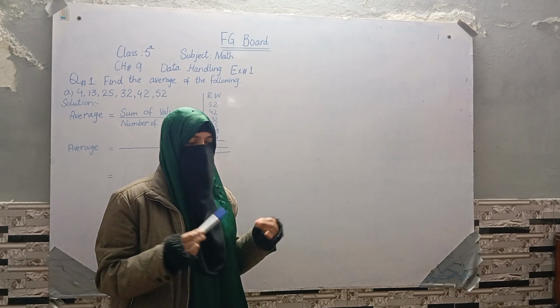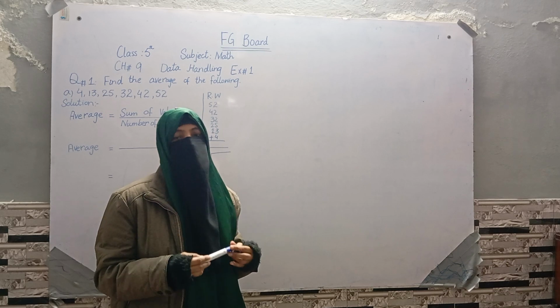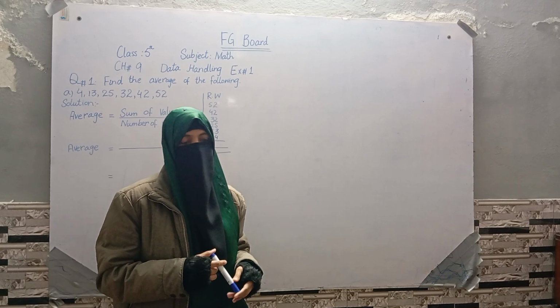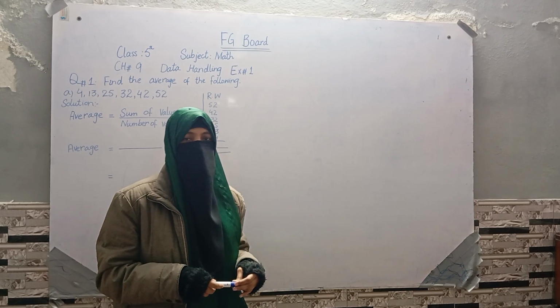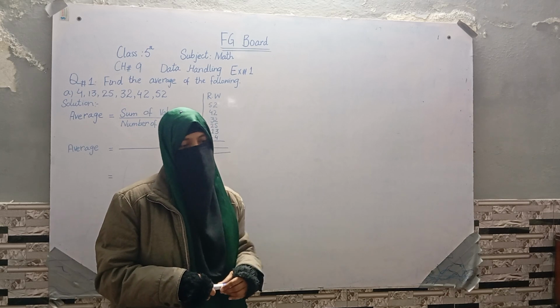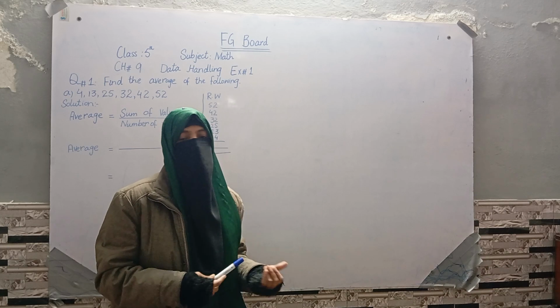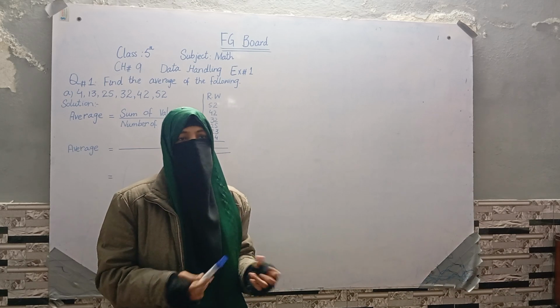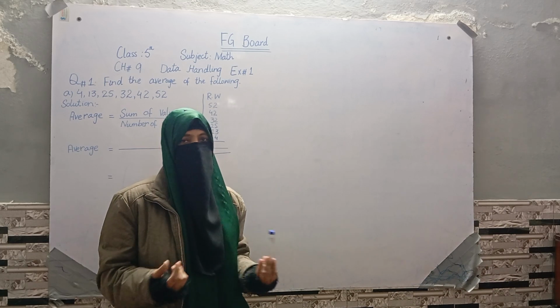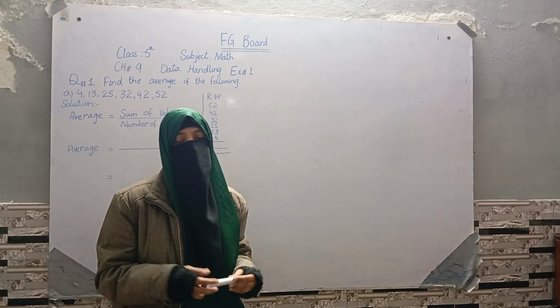Average, you can say that if you take the example, if you have different things in your room, as I take the example in my room, there are chairs, table, whiteboard, books, fan and dice.